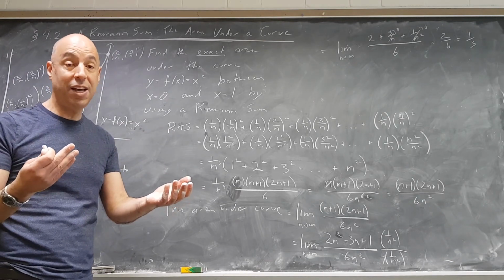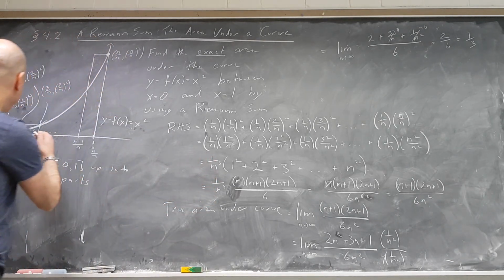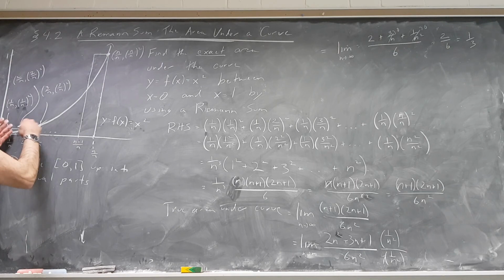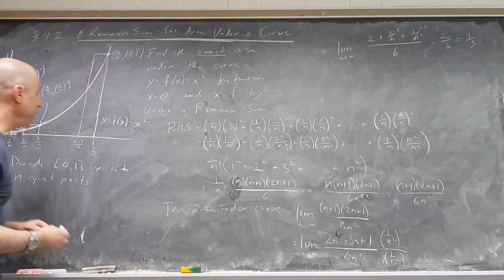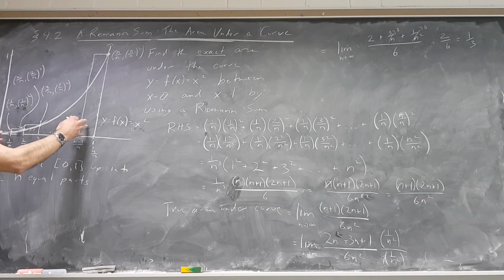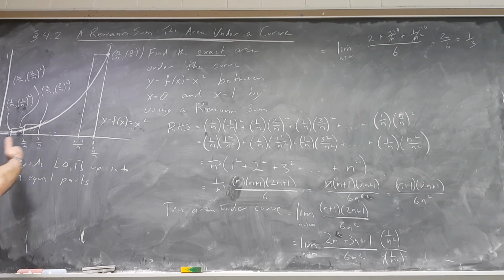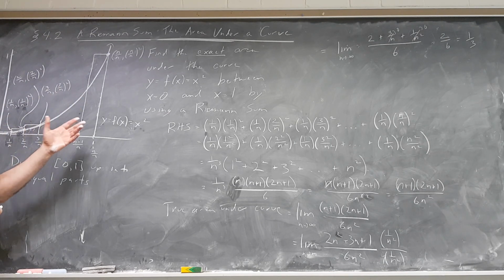Anything with a limit is calculus. And over here, we started off with a sum of rectangles. That wasn't calculus. But as soon as we put a limit in front of it and let the number of rectangles get bigger and bigger and the rectangles get narrower and narrower, then we were able to determine the exact area underneath this curve.